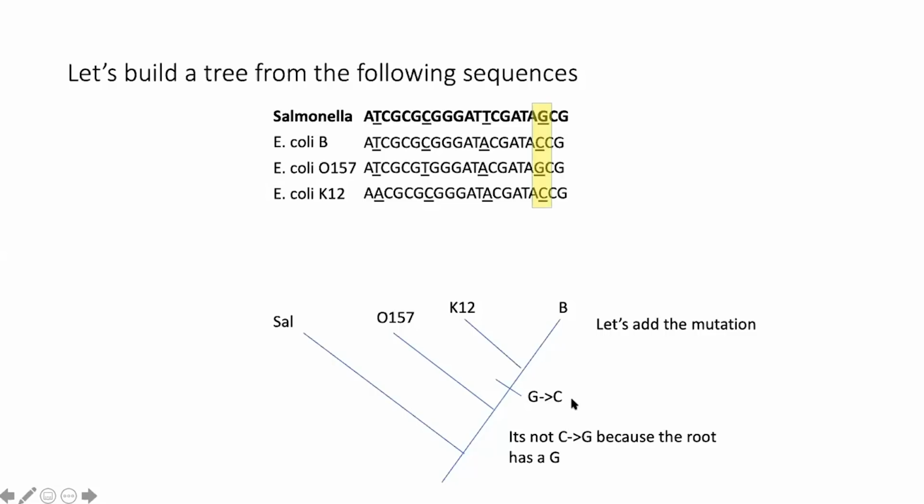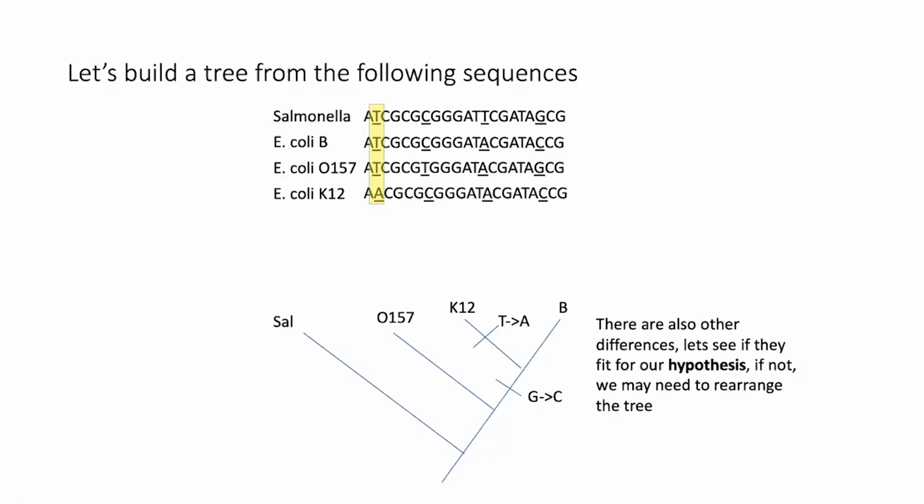This is the first mutation that we've looked at, the mutation that basically gave us the structure in the first place: E. coli B and K12 share a C here, but the ancestor has a G, and O157 also has a G. So it suggests that there's no mutation at the site early, but there is a mutation that happens between the common ancestor of O157, K12 and B, and the common ancestor of K12 and B. And so it happened on this branch here.